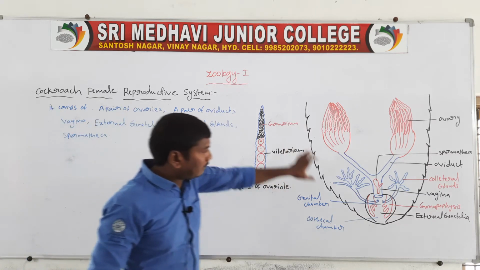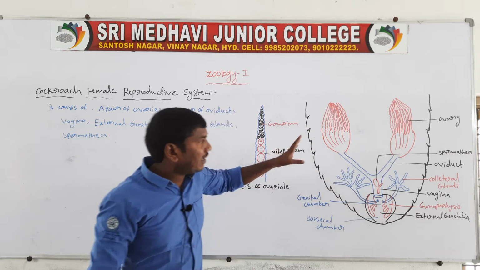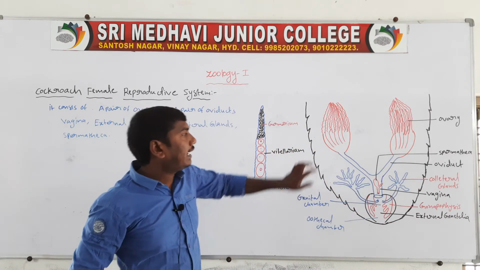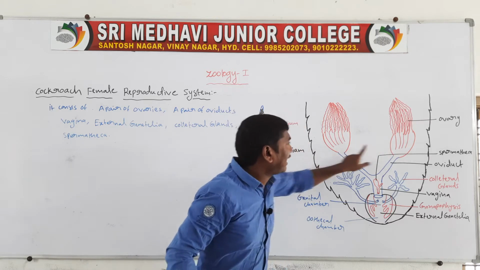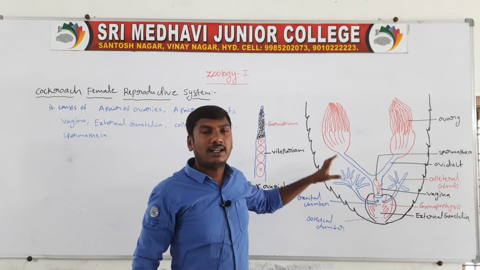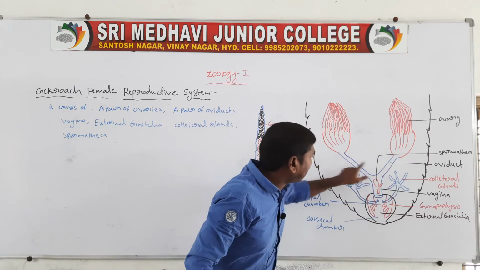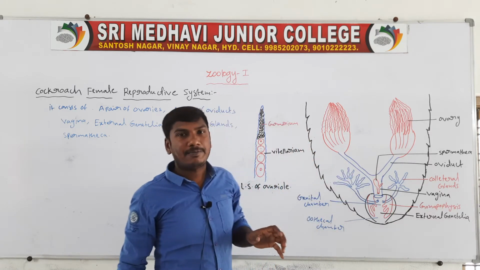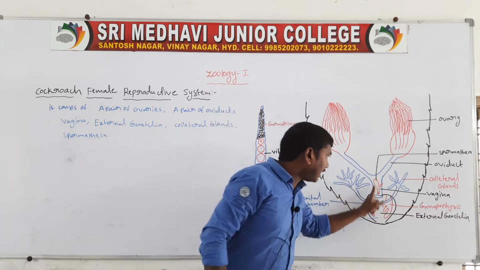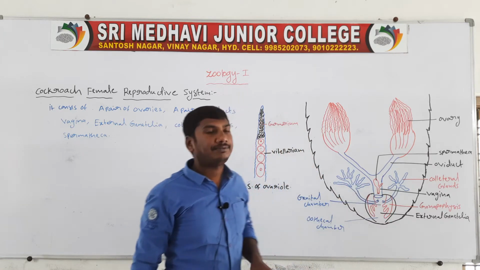So this is the diagram of the female reproductive system. The female reproductive system consists of a pair of ovaries. Next one, a pair of oviducts. Next one, the vagina.